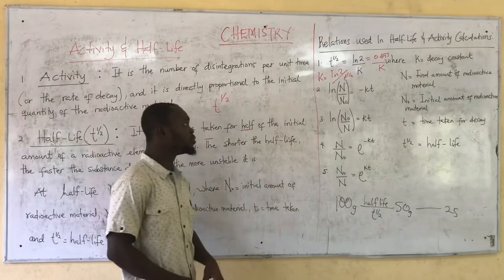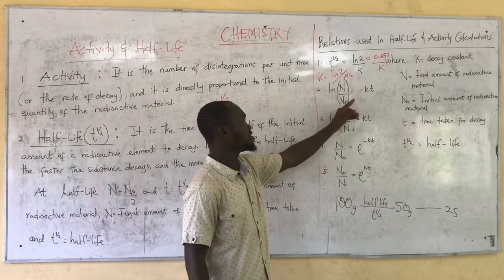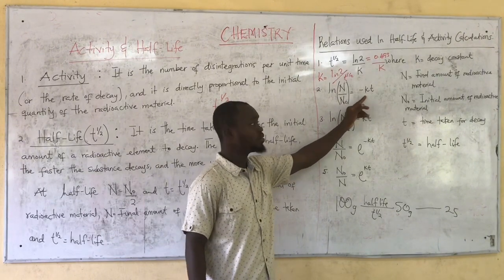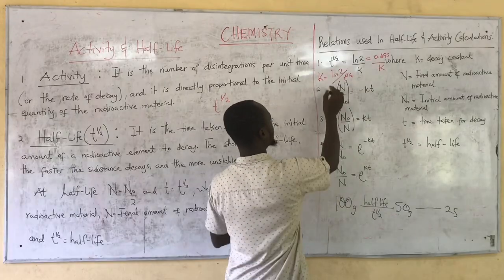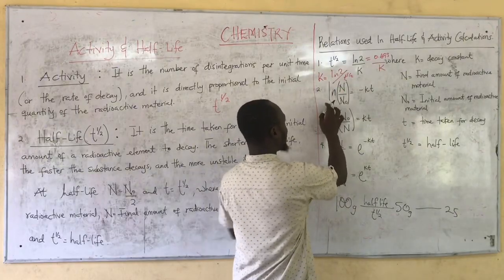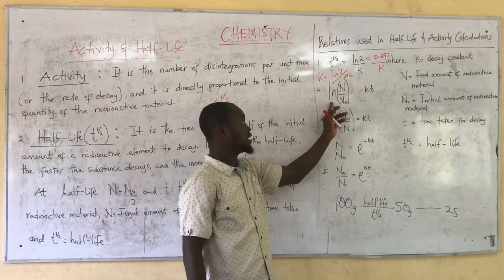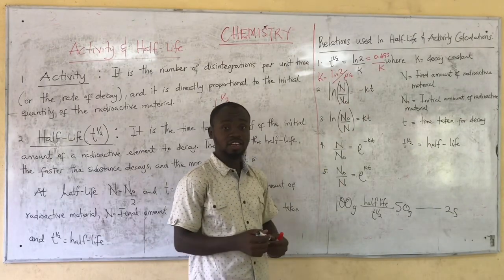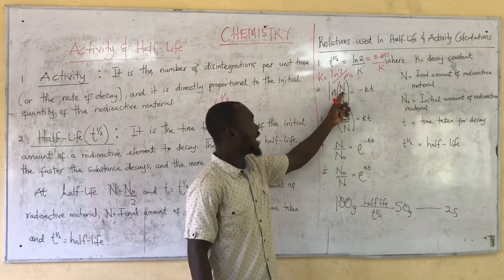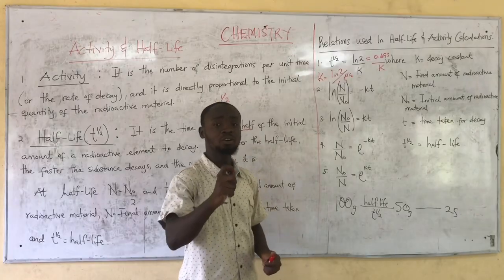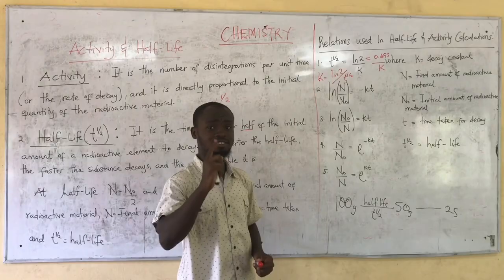Another relation we need to know is ln of N over N naught is equal to minus kt. Let me write it more. Ln of N over N naught is equal to minus kt. So ln is on the calculator that you can easily punch, and then we have N. N here represents the final amount of the radioactive material.